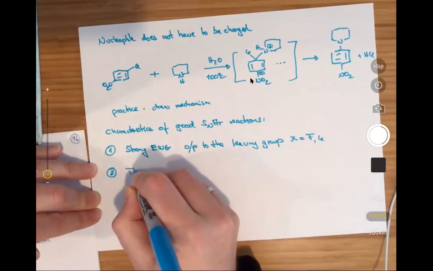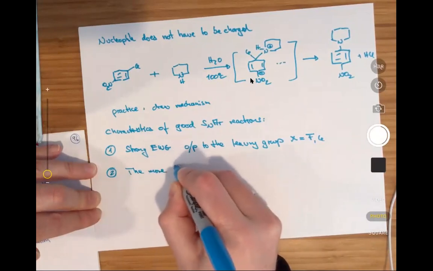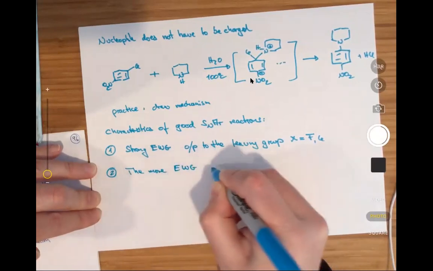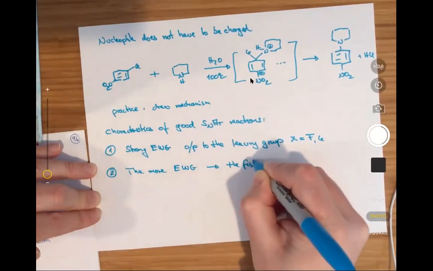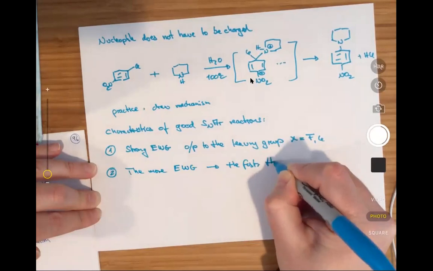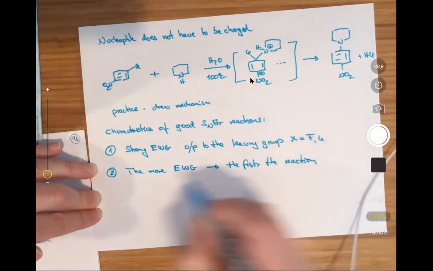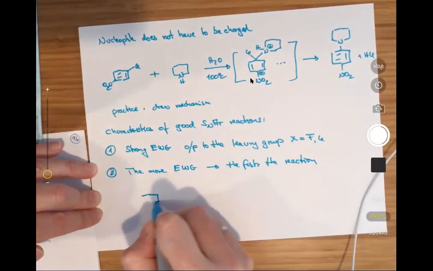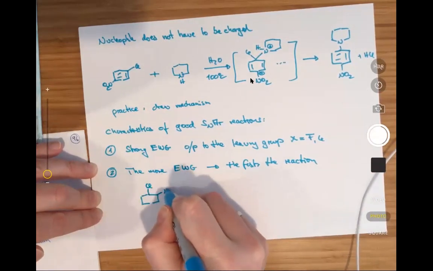So the more electron withdrawing groups, the faster the reaction. So a classical example that you'll see is something like this.